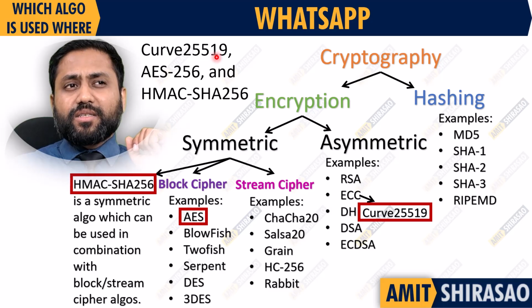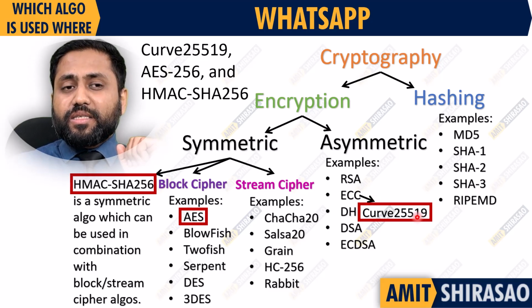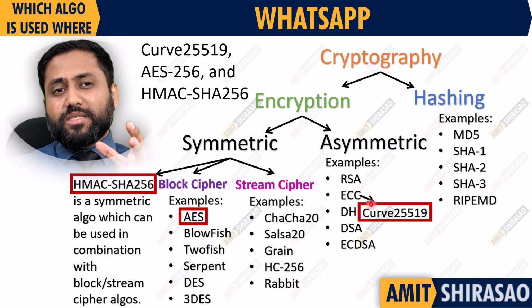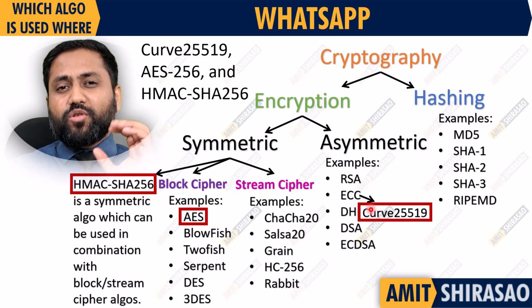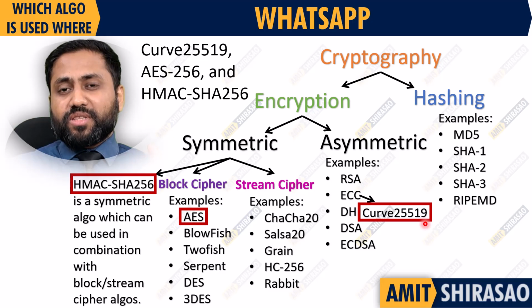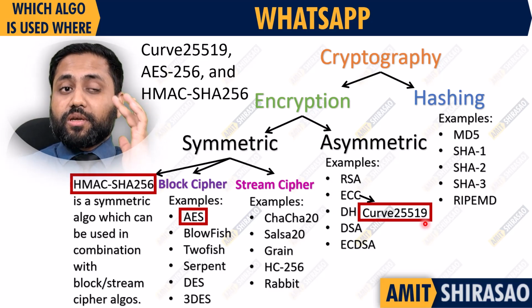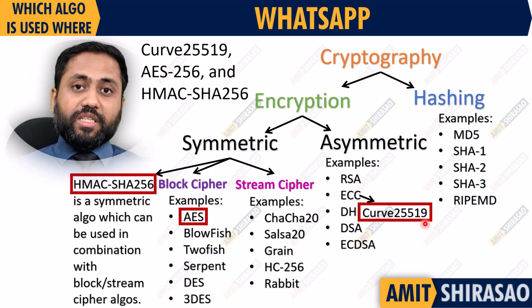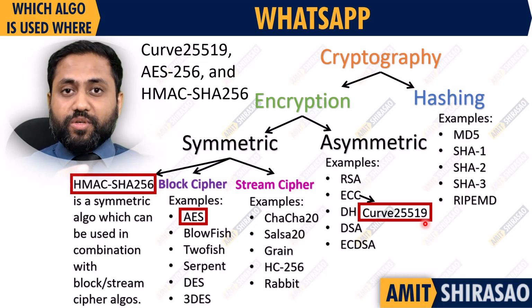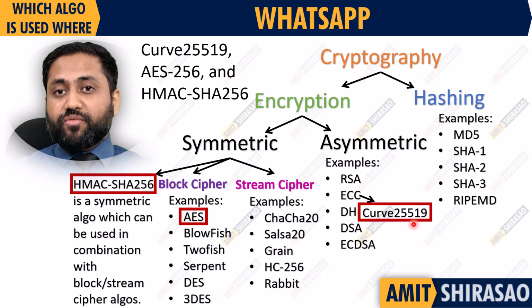And then there is a third algorithm that they use for asymmetric encryption, and that is ECC. Not ECC directly, but a more refined version of ECC called Curve 25519. Okay, so what they must be doing is for the initial sharing of the key, symmetric key, they'll be using this asymmetric algorithm, that is Curve 25519.